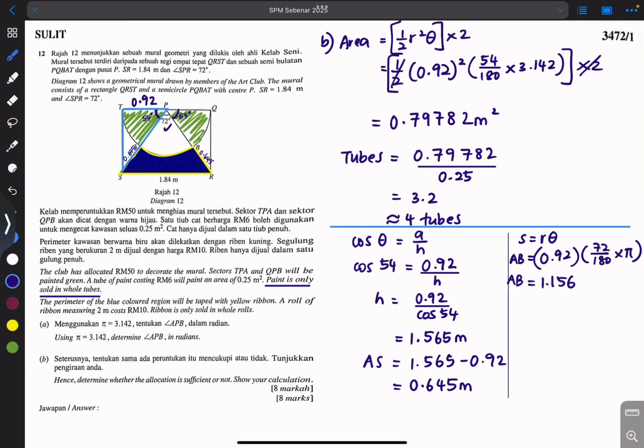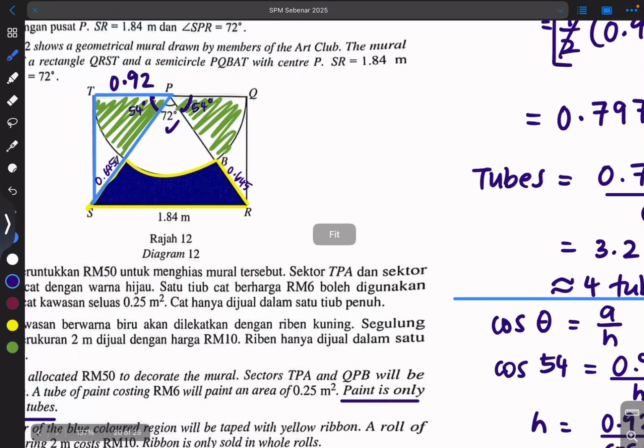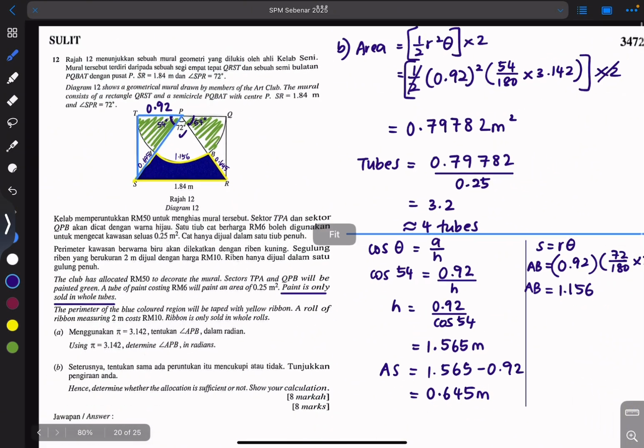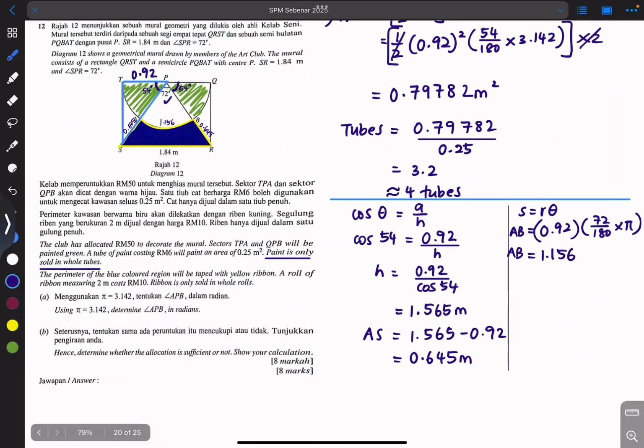Now we can find the perimeter already. The perimeter will be 1.156, this one, plus this, plus this, plus this.